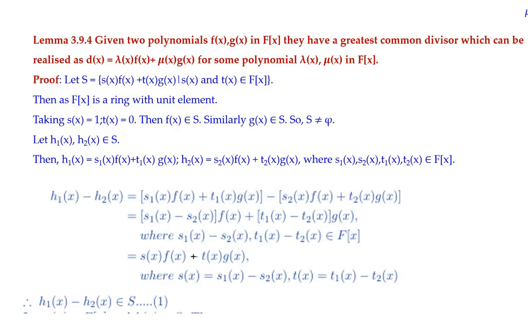Then we shall consider two members, say h1(x) and h2(x) in S, so that you can write h1(x) as s1(x) f(x) + t1(x) g(x). See, here s and t only can vary. You cannot vary your f(x) and g(x). They are fixed. So h1(x) is written in this way, h2(x) is written in this way, where s1(x), s2(x), t1(x), t2(x) are all in F[x]. Now what we are going to do?